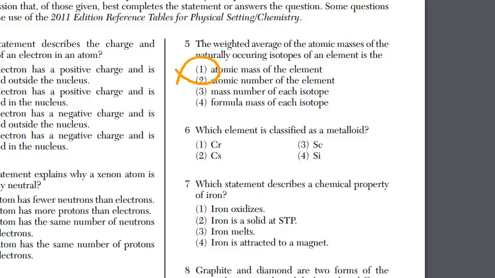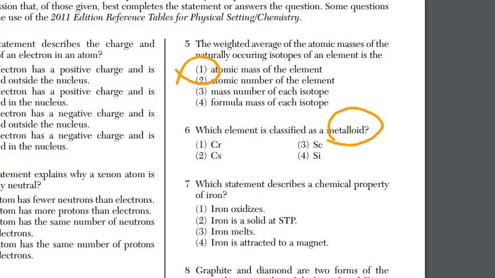Which element is classified as a metalloid? These are the elements that have some properties of metals and some properties of nonmetals. If you don't know what the answer is, the first thing is to look at the periodic table, whether you think you know or not. There are 6 that you need to know. If you don't know them, you're going to memorize them.